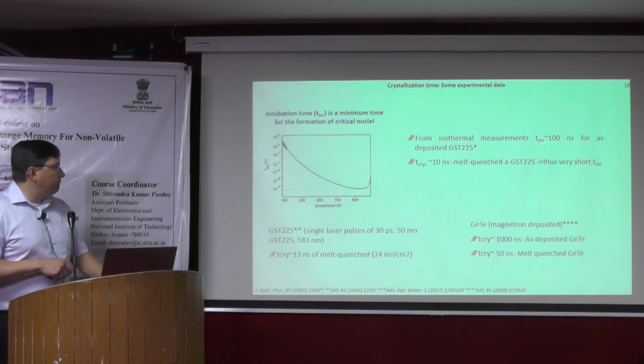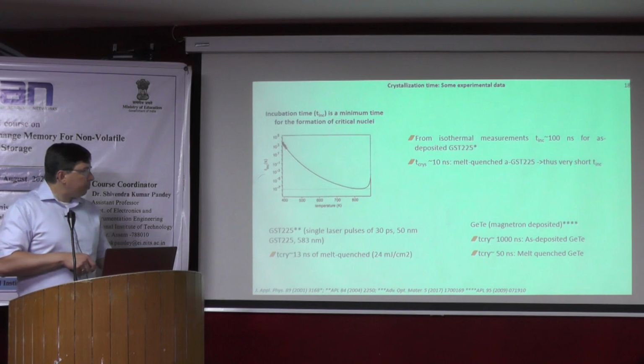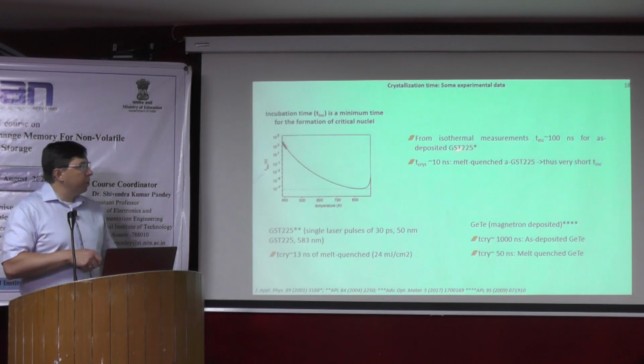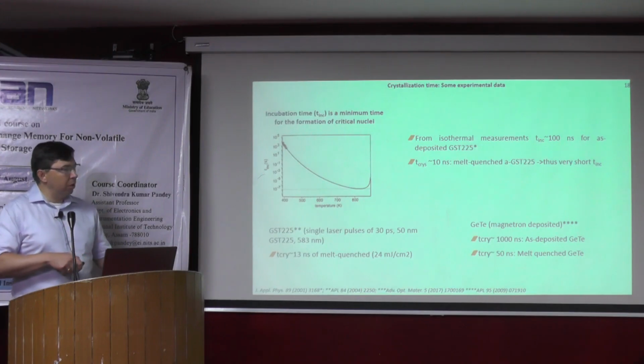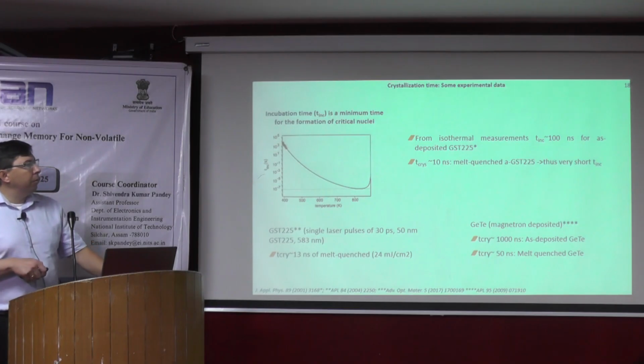In the case of as-deposited GST225, this incubation time is on the average of 100 nanoseconds. If we use melt-quenched amorphous GST225, this incubation time can be decreased, and it can be seen in the crystallization time, which is on the average of 10 nanoseconds.